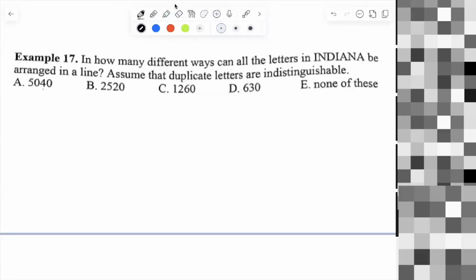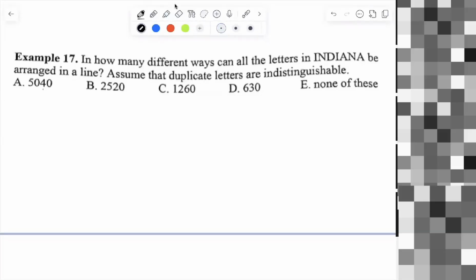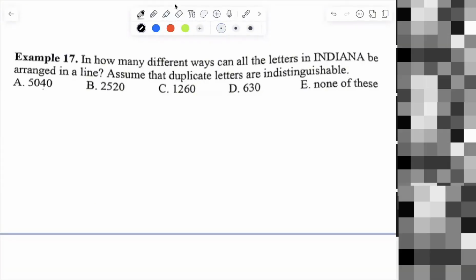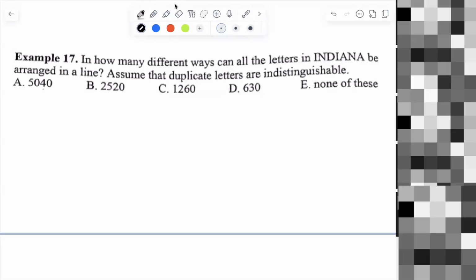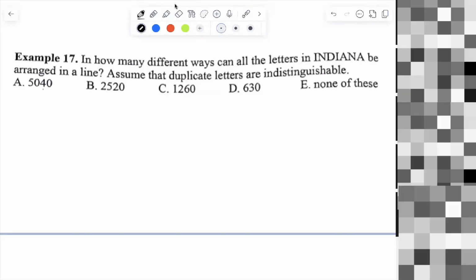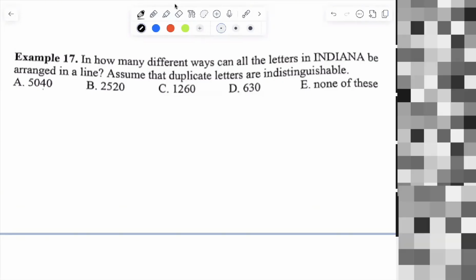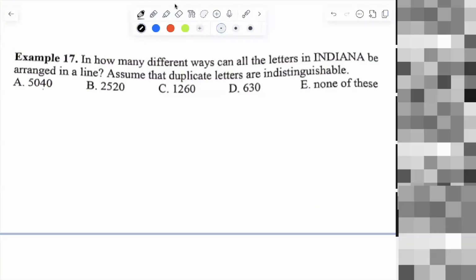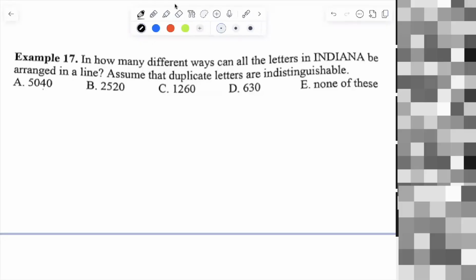Alright, guys, let's get started with this question. How many different ways can all the letters of Indiana be arranged in a line? Assume that duplicate letters are indistinguishable because they are. Same exact formula.